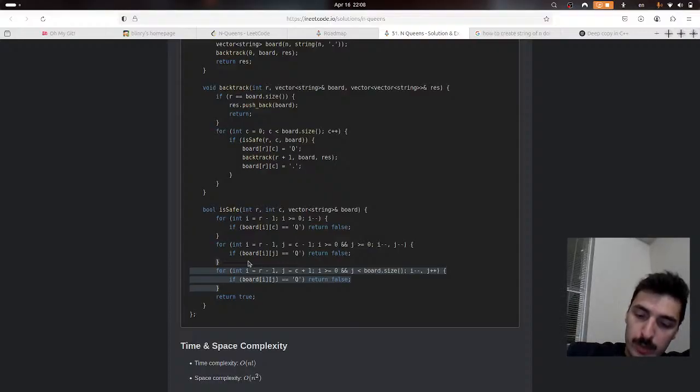So c is that and row is that. This is going to be the board, board at row and column.